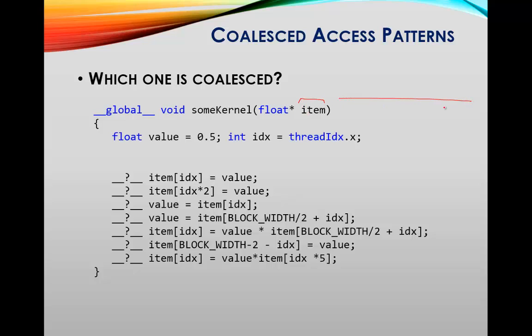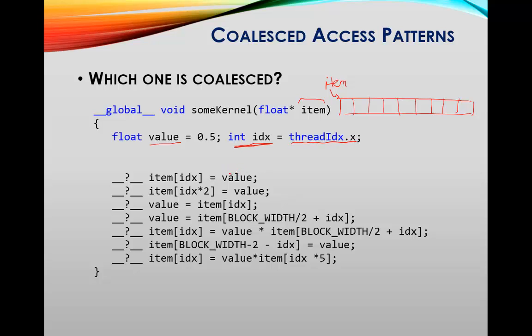So we have a global memory, and we're calling this global memory item. This is my item pointer, and I have a local memory value called value, and I calculate a local variable index that's going to be my thread index.